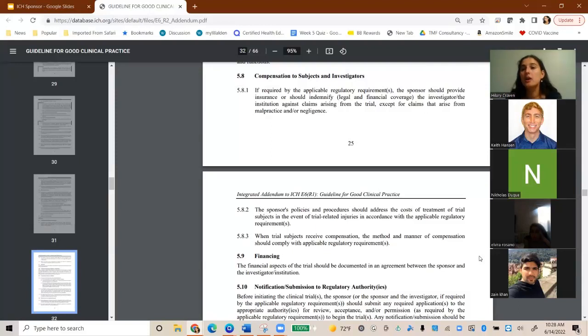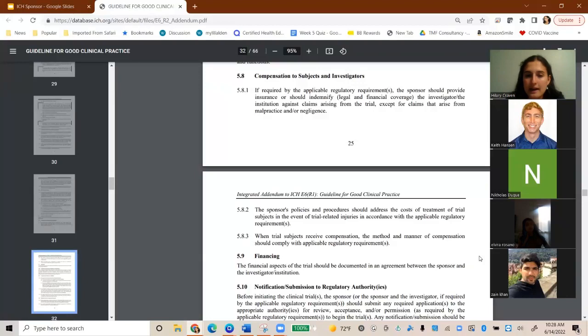So they can't specify, oh, you can only pay your patients $100 per visit or something like that, because some people might travel far for the visit, or the visit might require multiple hours of their time, or it's a quick visit, right? So you don't know. This is just a foundational document establishing that you need to have it documented, and it needs to be within the regulatory requirements of your country typically.